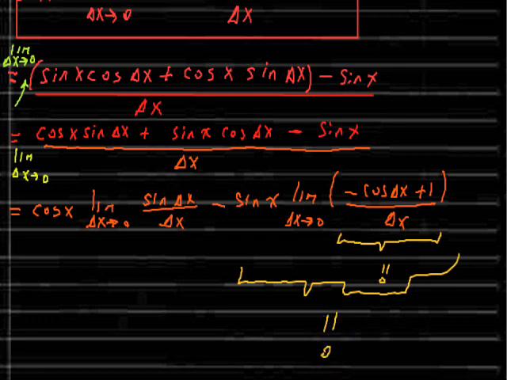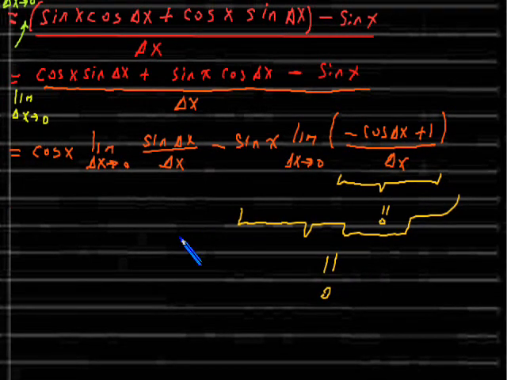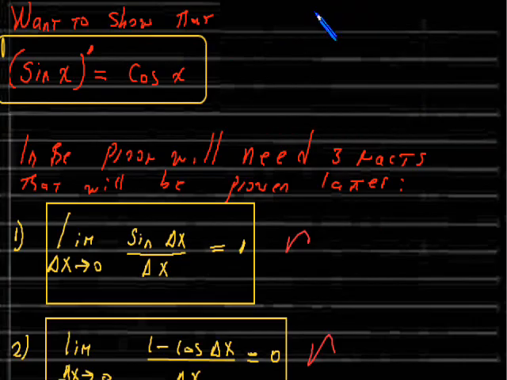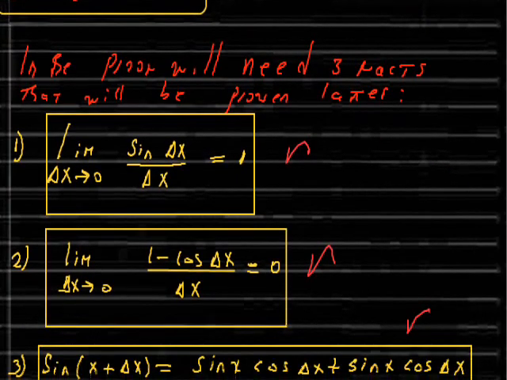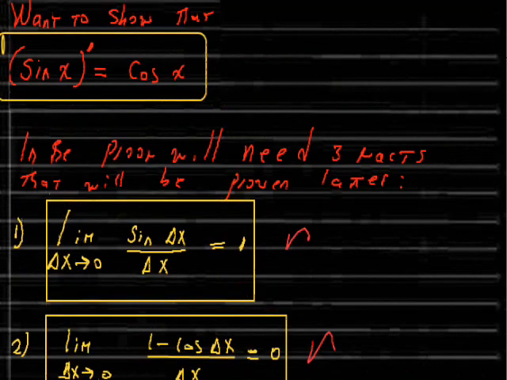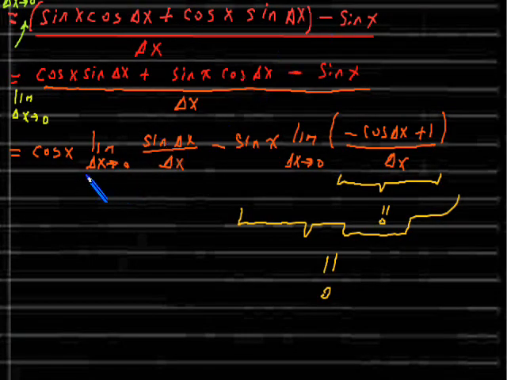But now we have here sine delta x over delta x, and I'm taking the limit as delta x approaches 0. Well, if you look back over here, I said that the limit as delta x approaches 0 of sine delta x over delta x is equal to 1. So clearly this equals 1, but then you have a cosine of x in front of it.